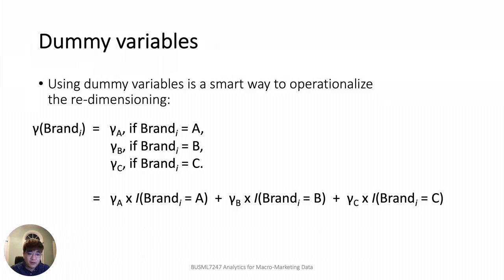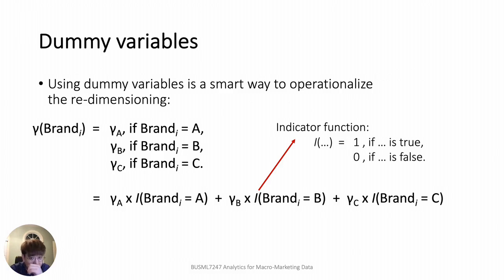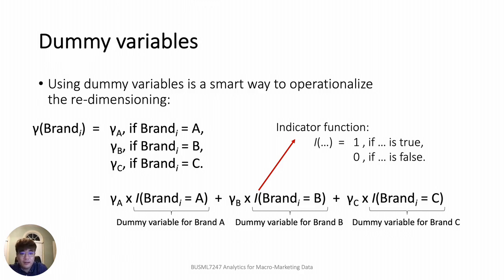Mathematically, this function is exactly the same as this formula. Here, this I denotes an indicator function, so if the input of an indicator is true, the indicator has 1 as its value. If not, it has 0 as its value. And a variable created by this indicator function with the condition is a dummy variable.